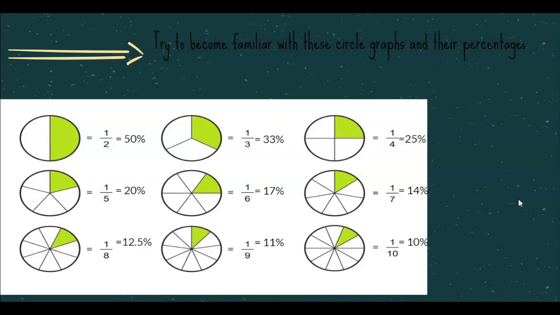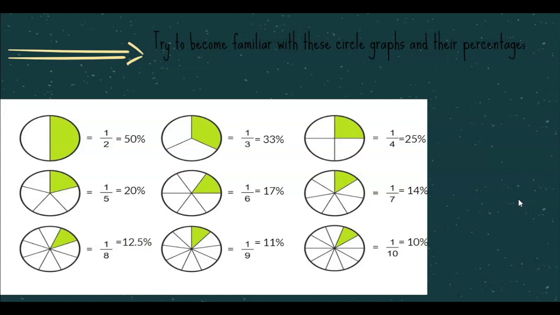And based off of how many individual pieces the 100% is broken up into determines how much the percentages will either increase or decrease by. All right, so that's just some things to become familiar with when we're dealing with circle graphs and percentages.